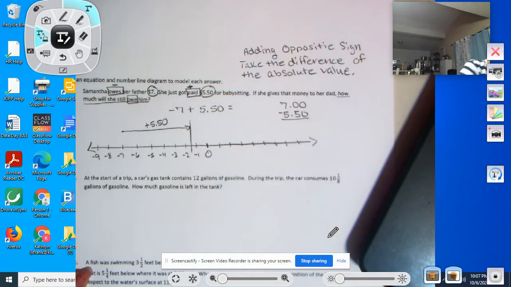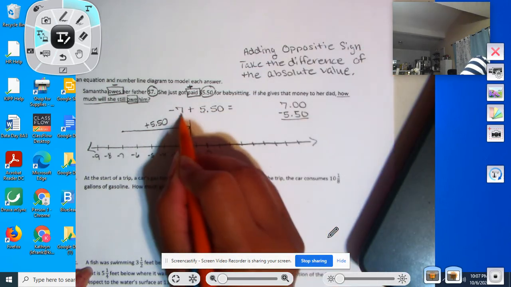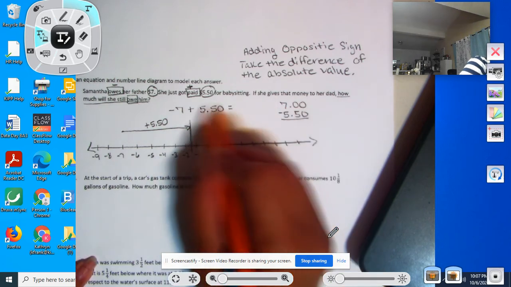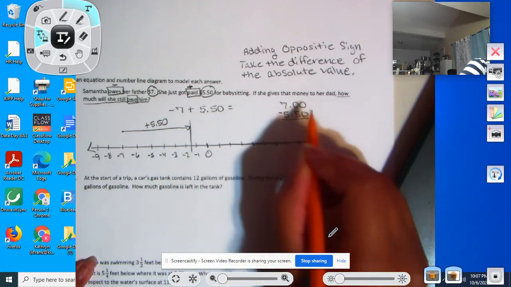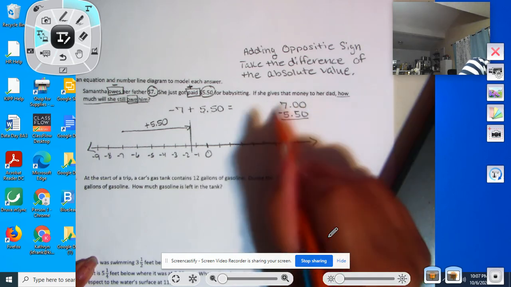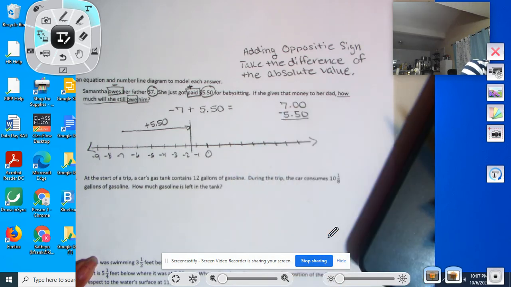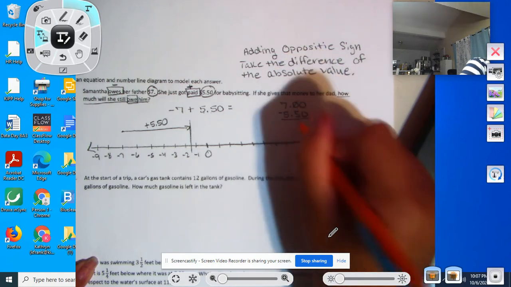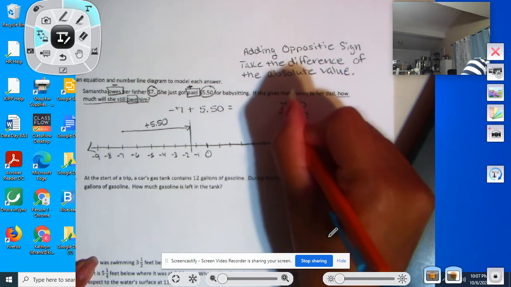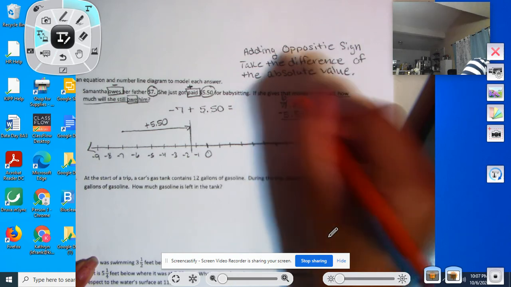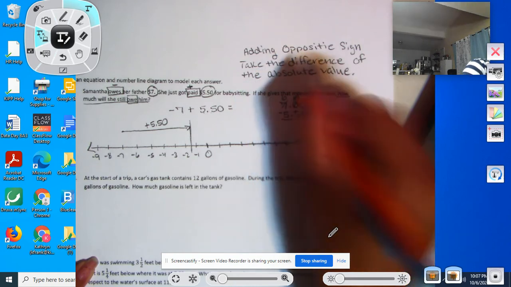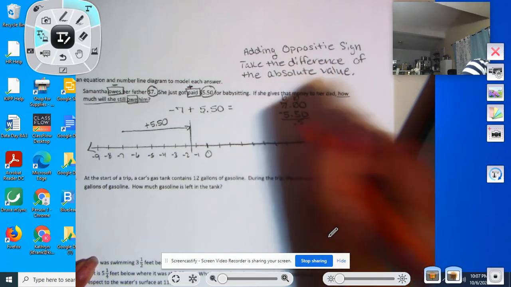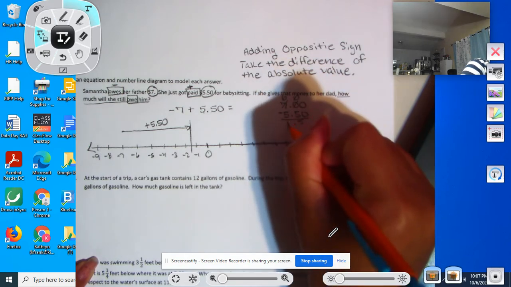Okay, so once again, the absolute value of -7 is 7. And the absolute value of 5.50 is 5.50, or 5 and 5 tenths. So I'm going to take the difference of their absolute values. Well, I know that 5 cannot go into 0, so I'm going to have to unbundle a 1 here. That'll become 6, and this will become 10 tenths. 10 minus 5 gives us a difference of 5, and 6 minus 5 gives us a difference of 1.